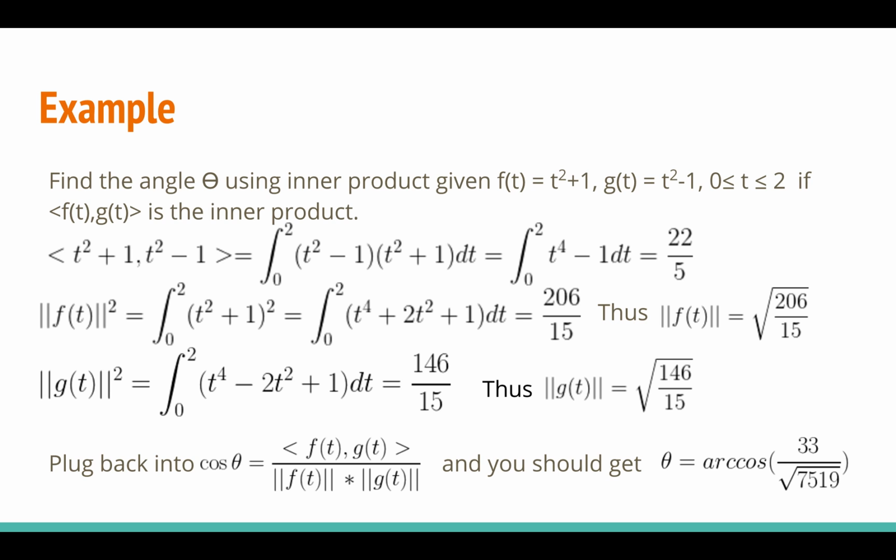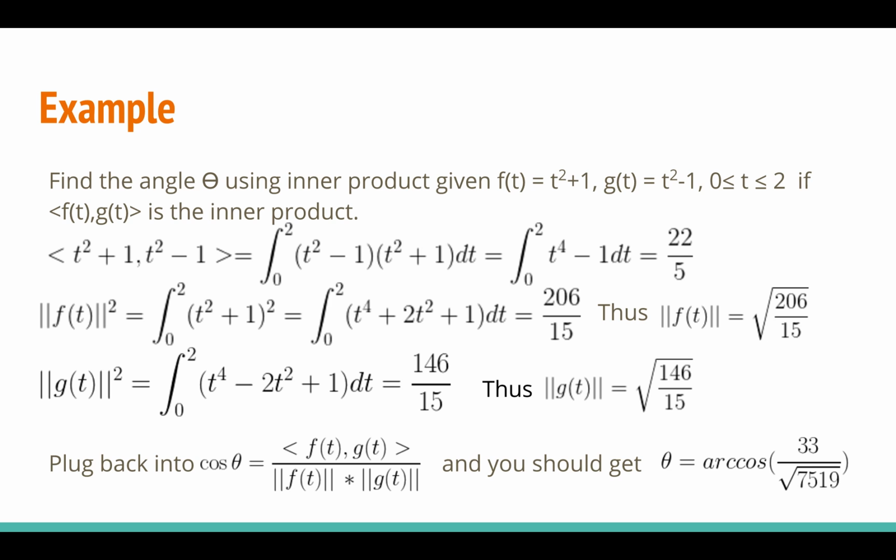So to find the magnitude of f of t, we take f of t and find the inner product of it with itself. In this case, it's 206 over 15. After we find that, that's the magnitude of f of t squared, right? So then we take the square root of both sides, and we get the magnitude of f of t. Then we can just plug that back into the original equation.